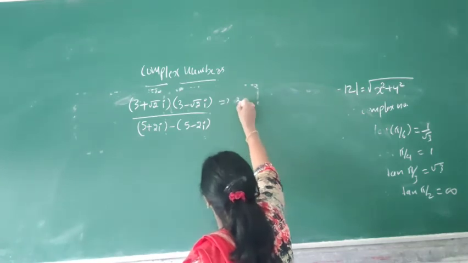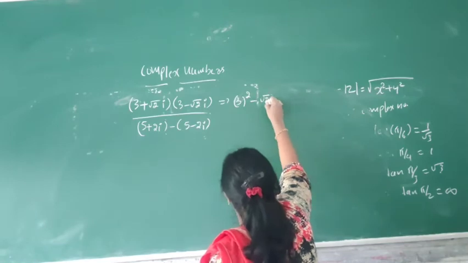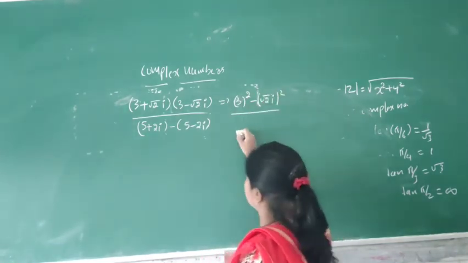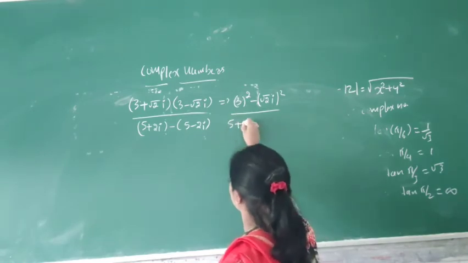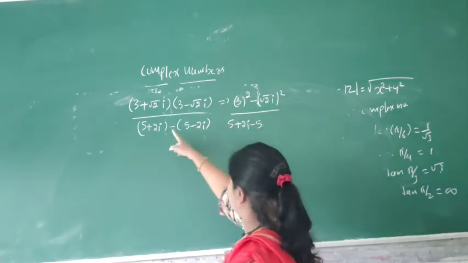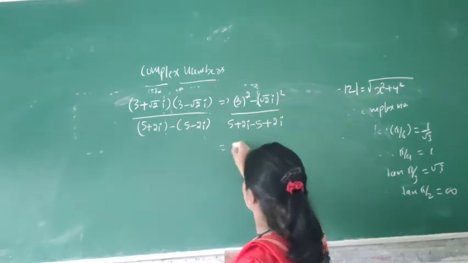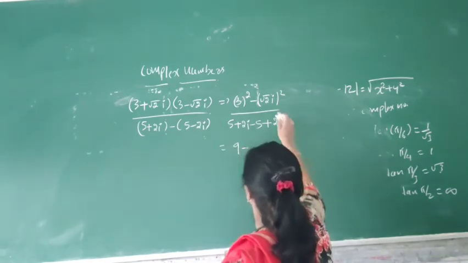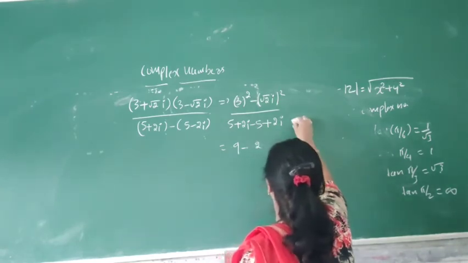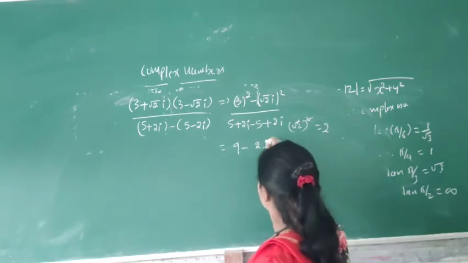So 3 square minus root 2I whole square, divided by 5 plus 2I, minus 5, minus into minus plus 2I. So 3 3s are 9 minus root 2 whole square, that is 2, and I square.